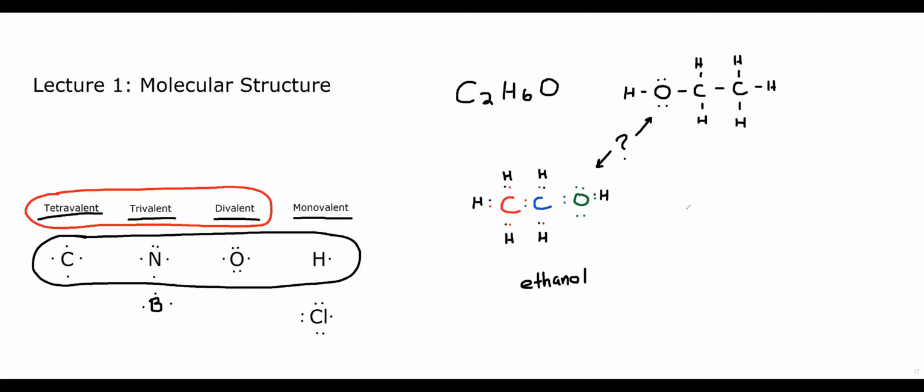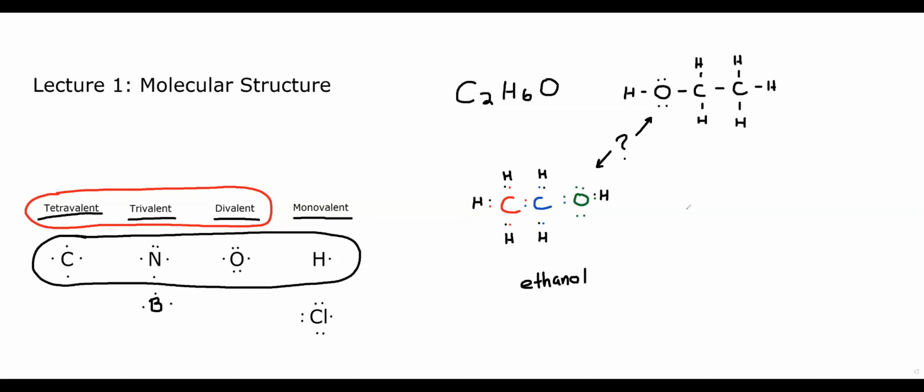This is a very important concept that we will get to in more detail in a future chapter when we talk about three-dimensionality of molecules. But for drawing structures, it's important to think about whether you've drawn a unique new molecule or whether you've simply redrawn the same molecule from a different angle.